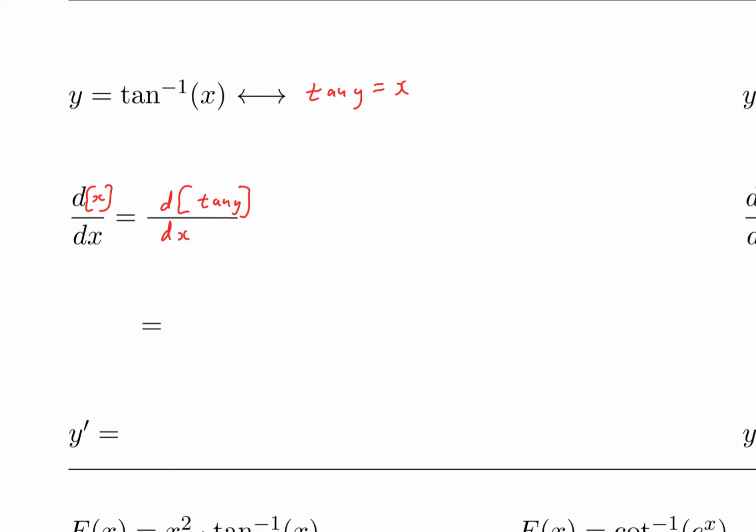Take the derivative of both sides right here, and we get 1 equals secant squared y. Secant squared y is the derivative of tan y. Don't forget the y prime here on the end. Solving for y prime.